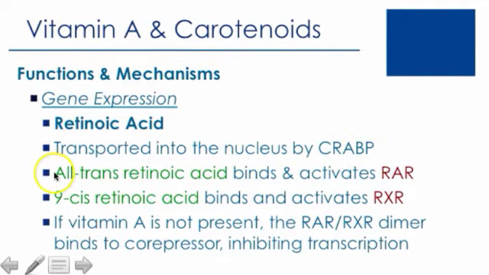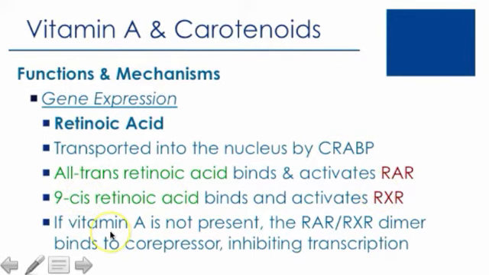The all-trans retinoic acid binds and activates the RAR, which stands for retinoic acid receptor, and the 9-cis retinoic acid form binds and activates what's called the RXR, which stands for the retinoid X receptor.